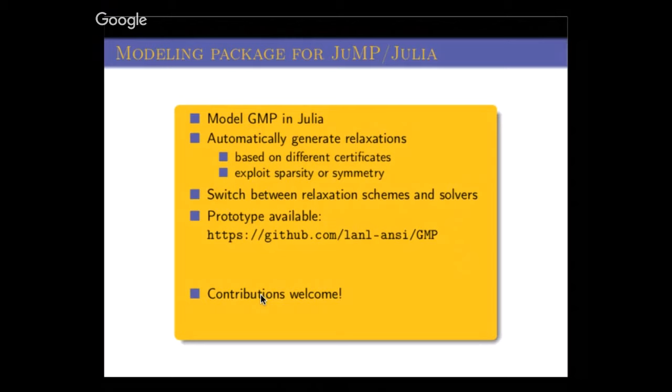I want to be able to exploit structure of the problem, like symmetry and sparsity. These are all methods that exist, but they cannot be implemented in the existing packages. And something very native to JuMP, switching between different solvers and so on. I have a prototype available, and I'm very happy if someone wants to join the group to work on moments. That's it.